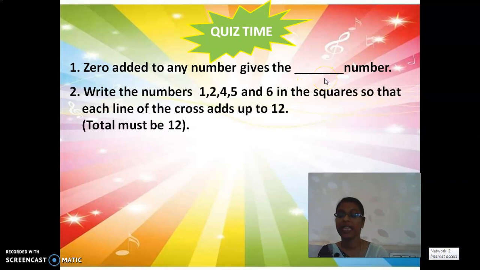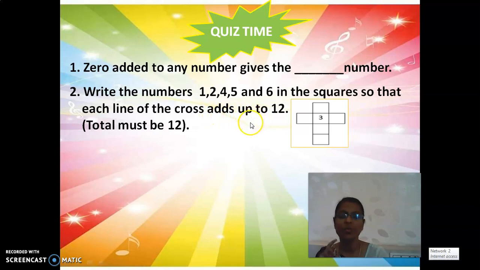And here is the second question. Write the numbers 1, 2, 4, 5 and 6 in the squares. You have to fill up all these boxes with the numbers 1, 2, 4, 5 and 6, so that each line of the cross adds up to 12.